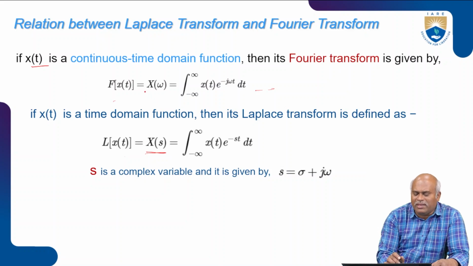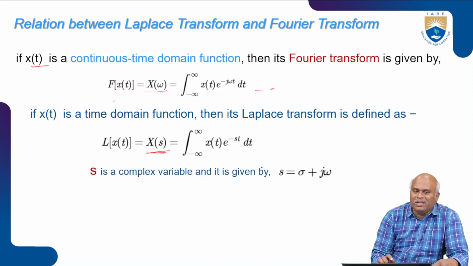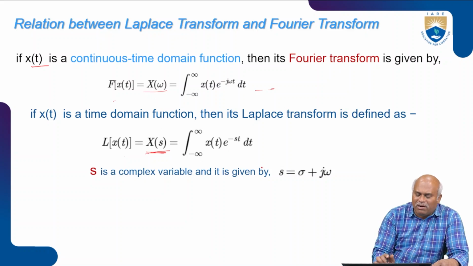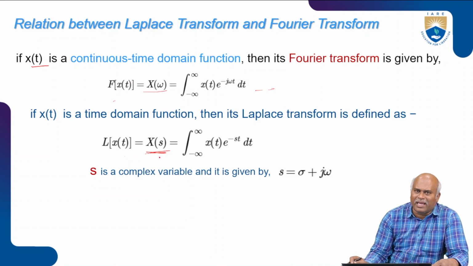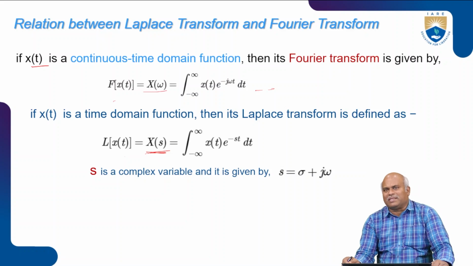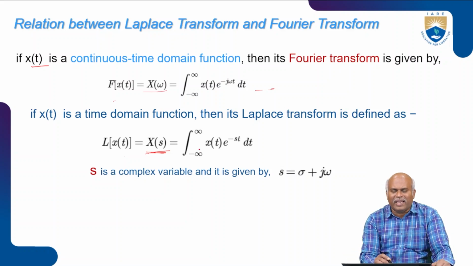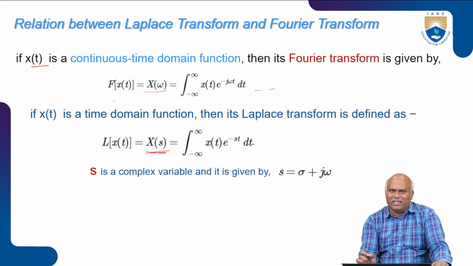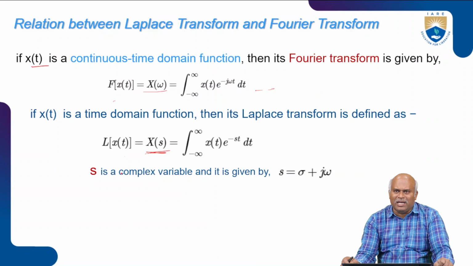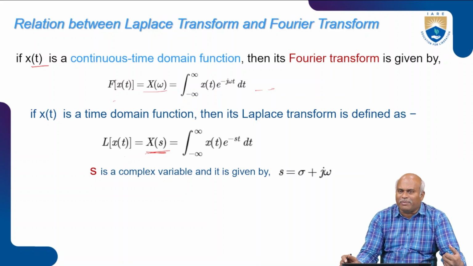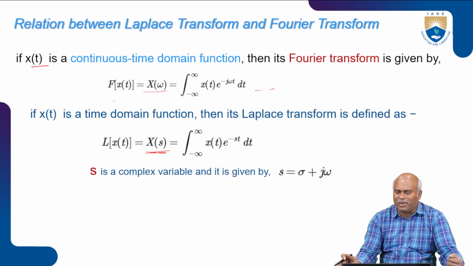So compare the Fourier transform and the Laplace transform. For the Fourier transform we call it capital X of omega; here we call it capital X of s, the Laplace transform. This is equal to the integration from minus infinity to plus infinity of x of t e power minus st dt. Now s is a complex variable, which I represent as sigma plus j omega.